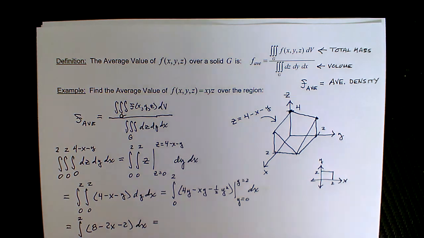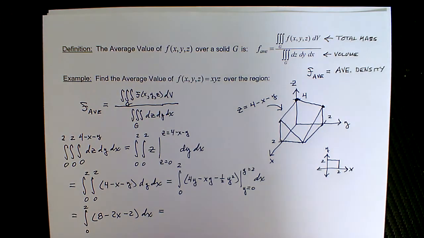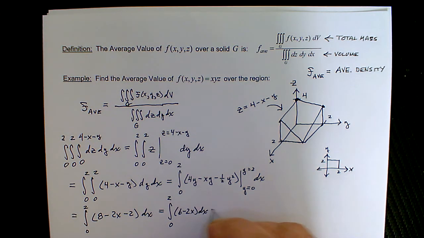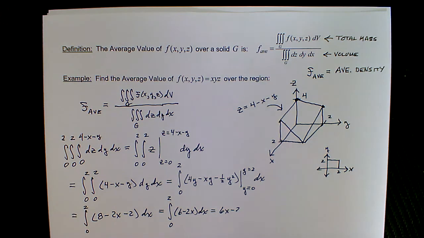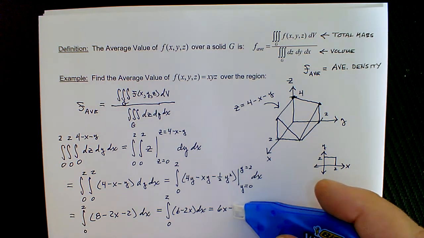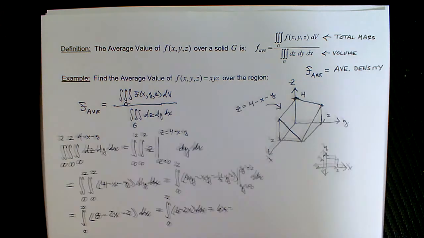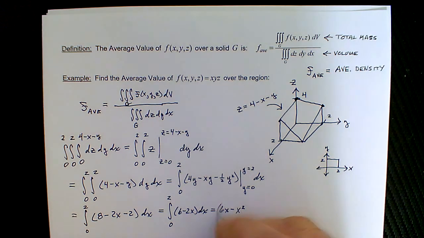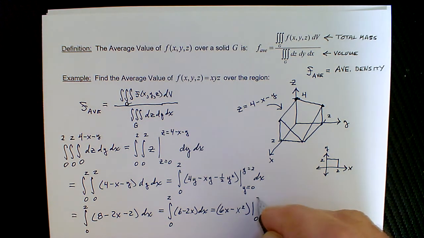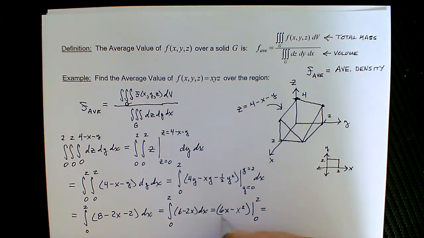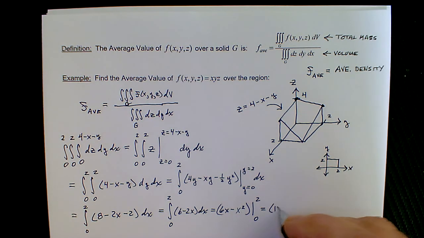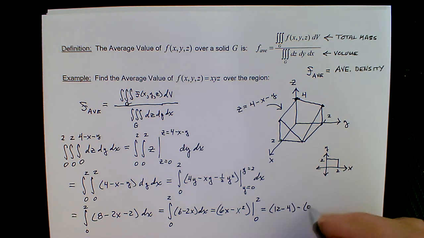Integral 0 to 2 of 6 minus 2x with respect to x. Okay, we get 6x minus x squared, evaluated from 0 to 2, so 6 times 2 is 12, minus 2 squared is 4, and minus 0 goes in, so we get 8. Okay, so our denominator is 8.